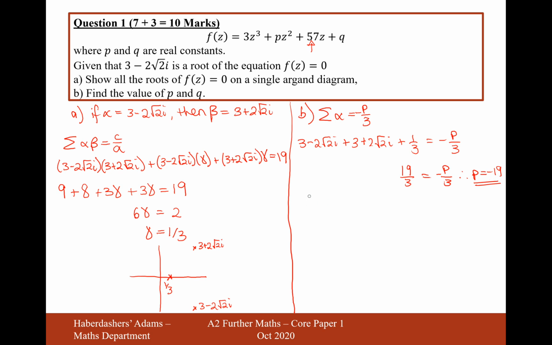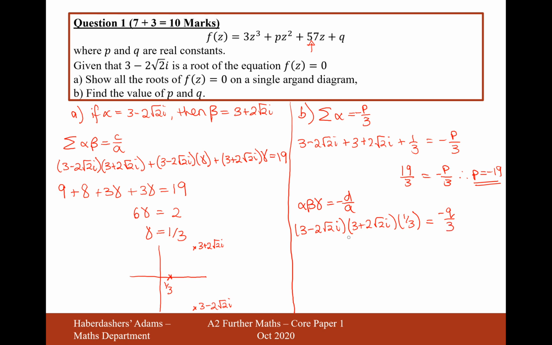And then the last one will be the sum of just the triples, alpha beta gamma equals minus d over a. So that's going to be (3 − 2√2i)(3 + 2√2i) multiplied by a third equals minus q over 3.